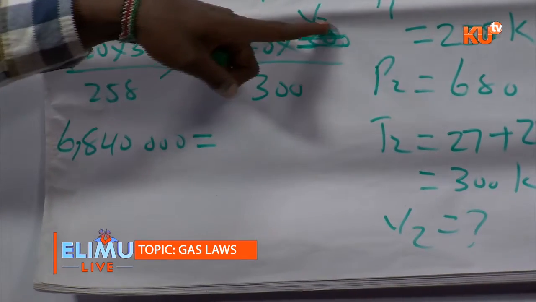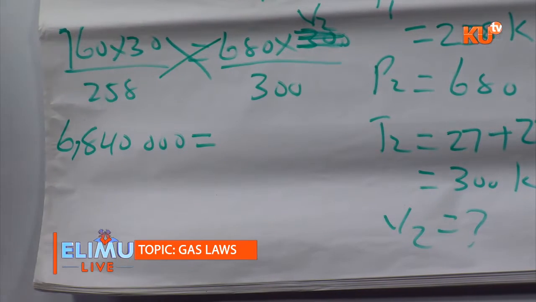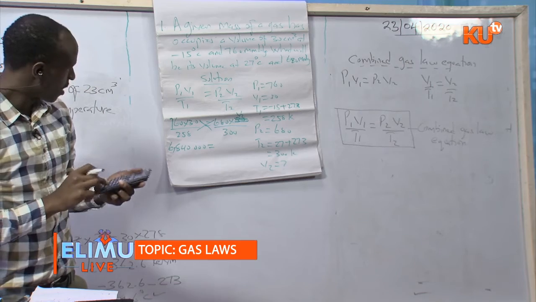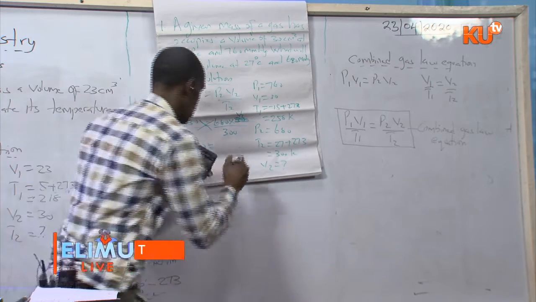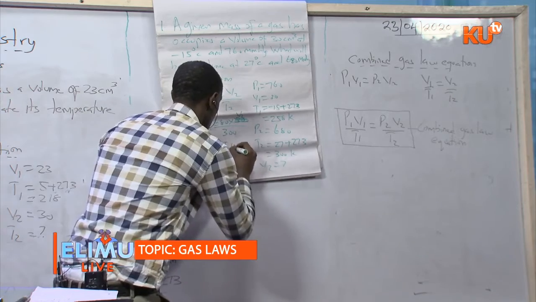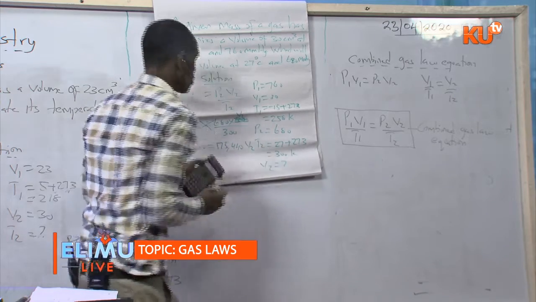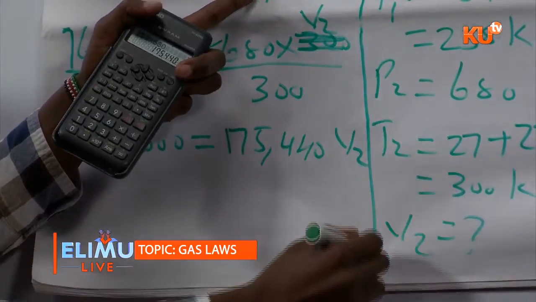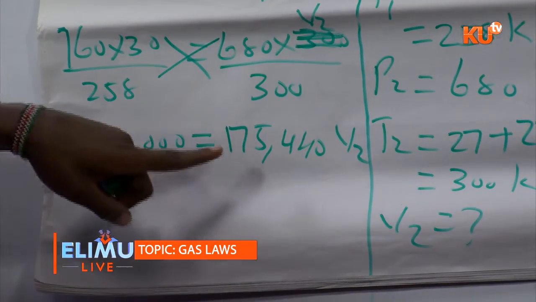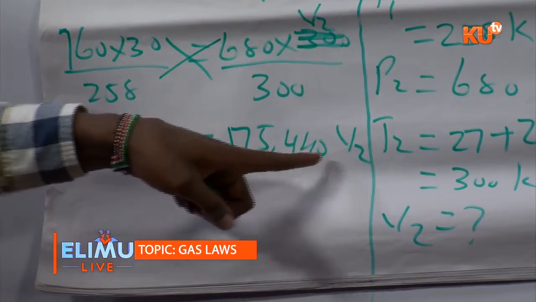258 times 680 times V2. So let me do 258 times 680. You get 175,440 V2.